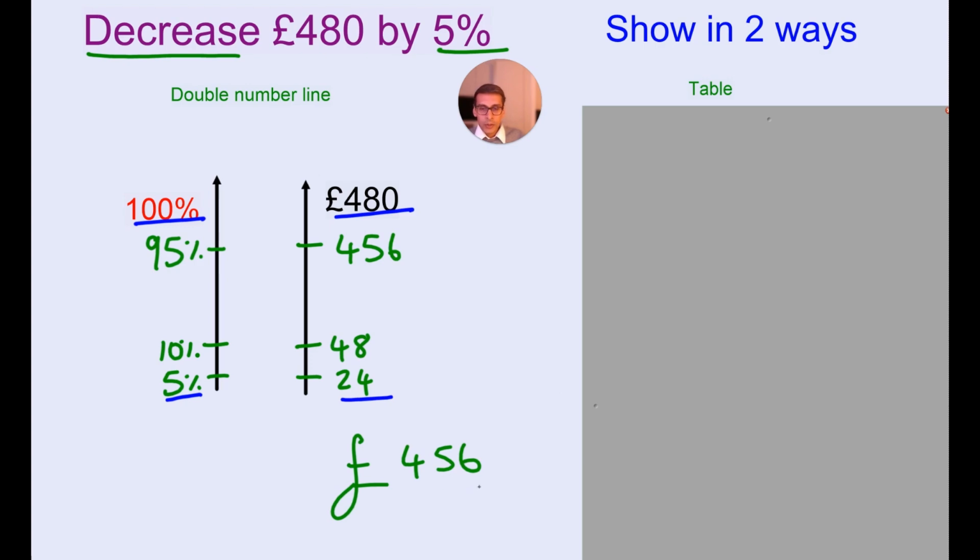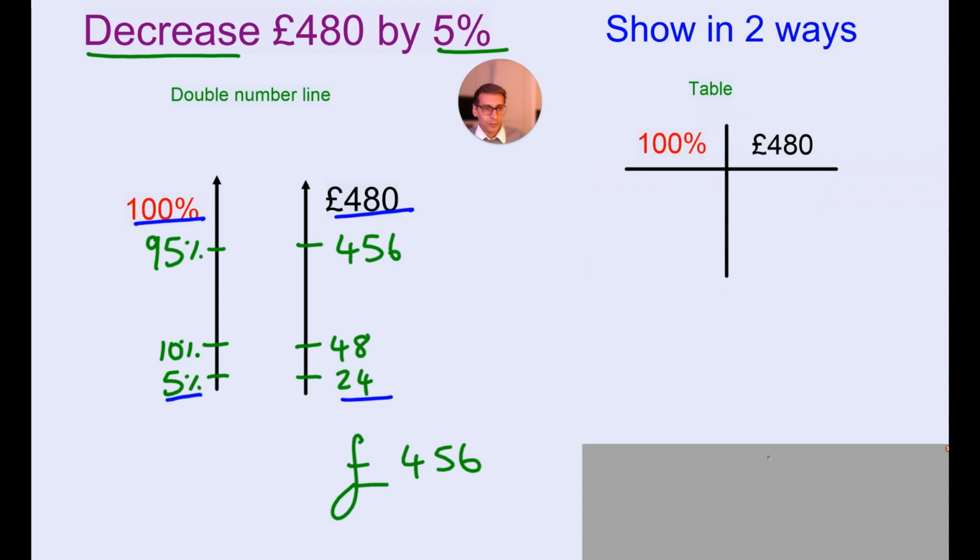£456. Okay, so we're going to do this the other way, which is using the table. So 100% is 480, and we're going to do exactly the same calculations as the other representation.